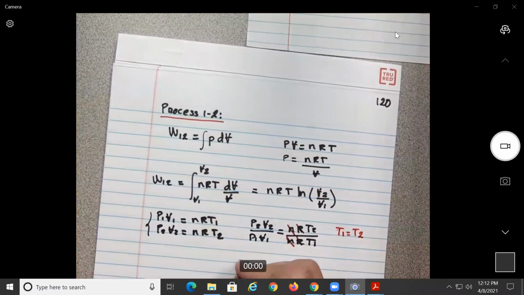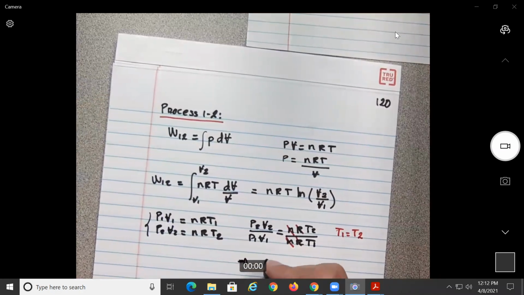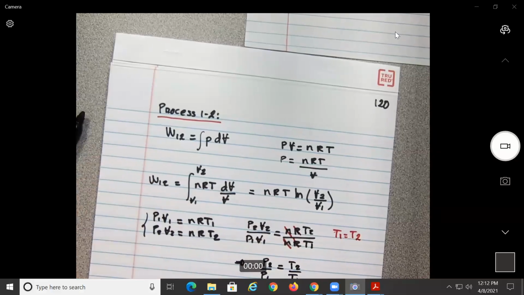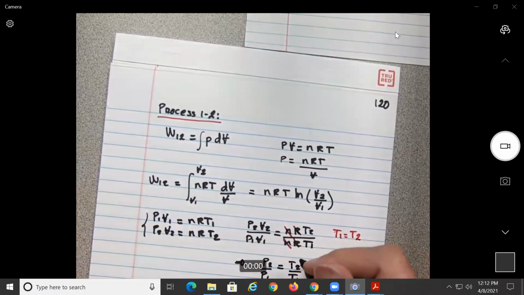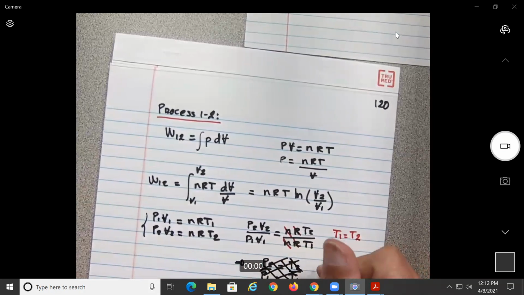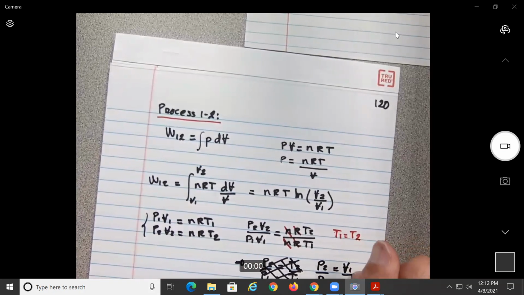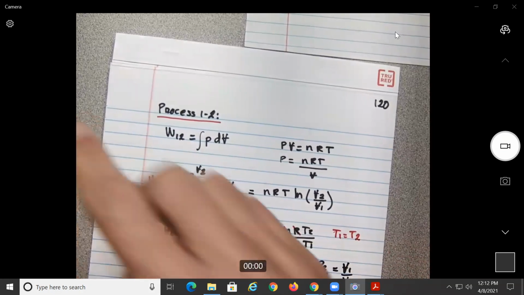So basically here we're going to have that P2 over P1 will be equal to V1 over V2.